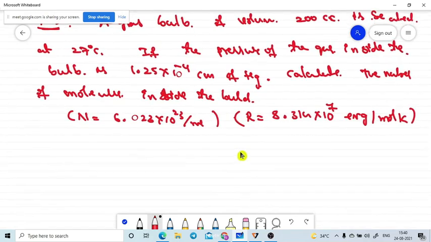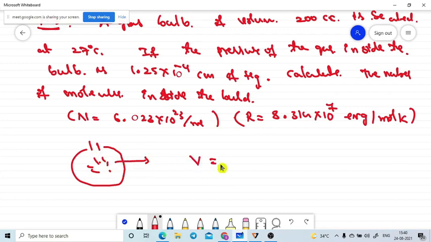They are telling that a gas bulb is there, sealed by filling one type of gas. The volume of the gas is equal to 200 cc, which means 200 centimeter cube. The temperature of the bulb, T1, is equal to 27 degrees Celsius.